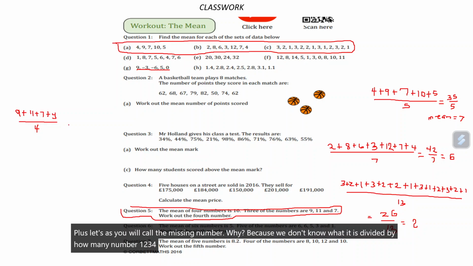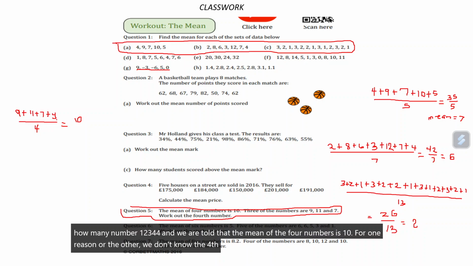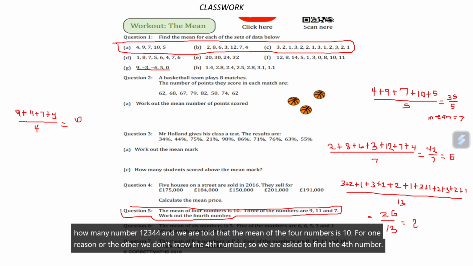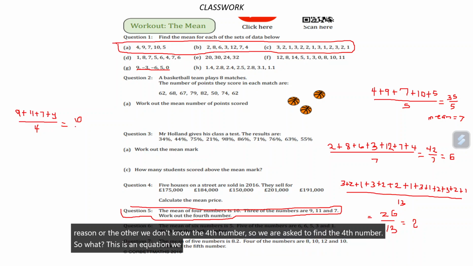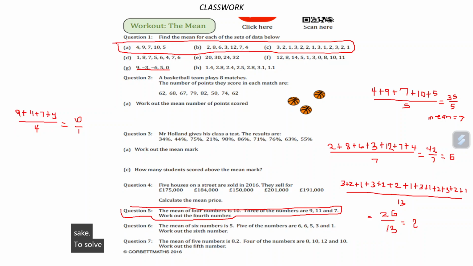And we are told that the mean of the four numbers is 10. For one reason or the other, we don't know the fourth number. So we are asked to find the fourth number. So this is an equation. We formed an equation. You can put this over 1 for simplicity sake. To solve this, we look at these numbers.